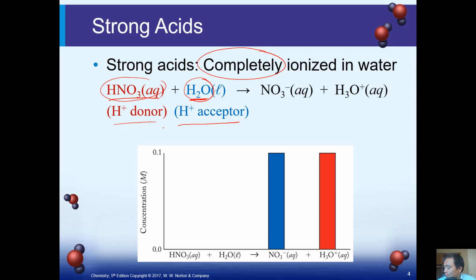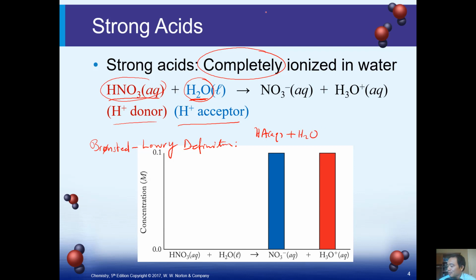If you don't remember, let me remind you of the Brønsted-Lowry definition, which we briefly discussed in Chapter 4. All right. In this definition, an acid does not ionize directly, rather it will react with water.